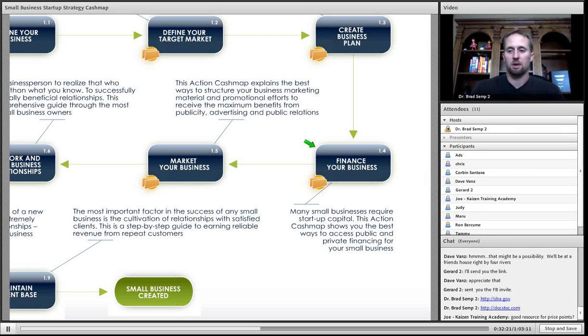Microloans. I don't have a resource off the tip of my tongue here to type in, but if you just go to Google and type in microloans for entrepreneurs, stuff like that, you'll find lots of folks, networks, and organizations that have come together to do microloans, meaning mini loans, smaller amount loans to help the entrepreneur and small business startup.